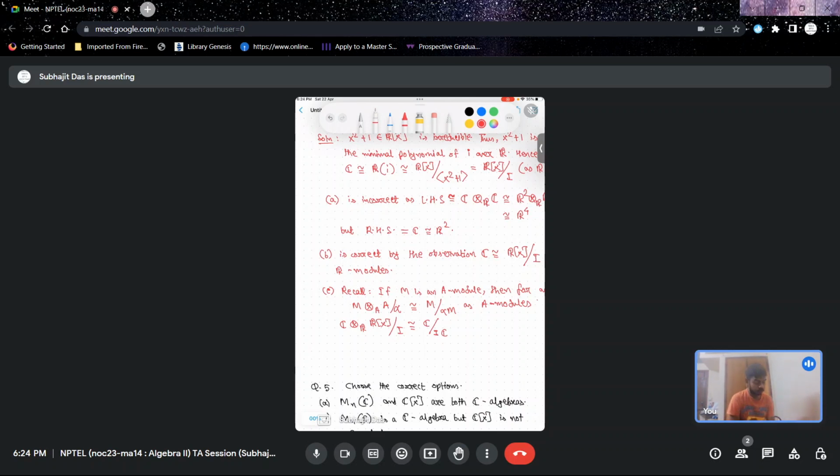Okay, no, I'm sorry, we can't use this result. C is not an R[x] module, right? I mean, a priori it is not an R[x] module. It can be made into one, but a priori it's not, so we can't apply the result as such. But is there a better way to understand this? Let me think.